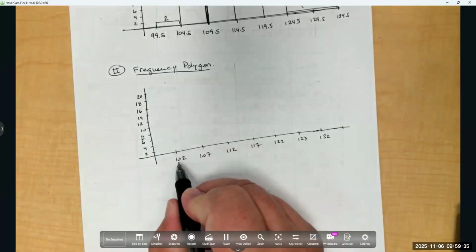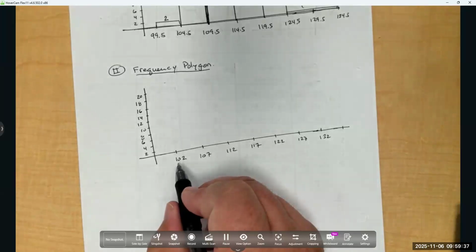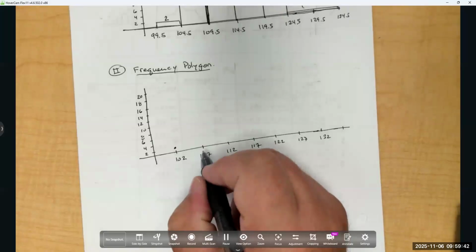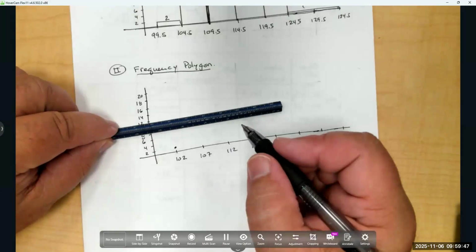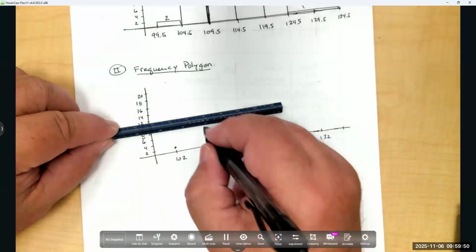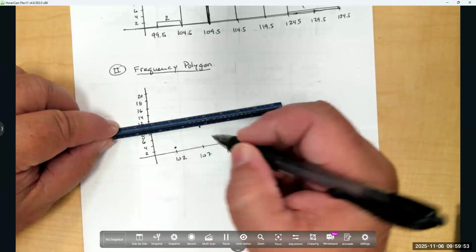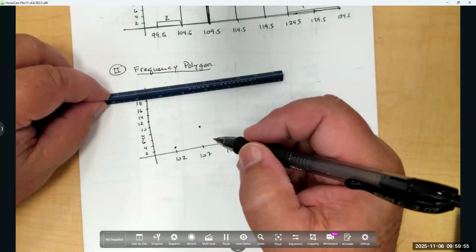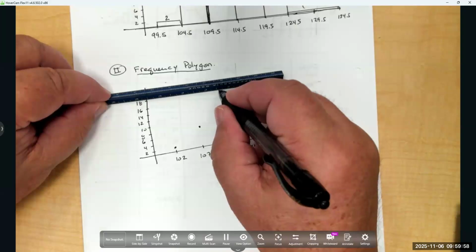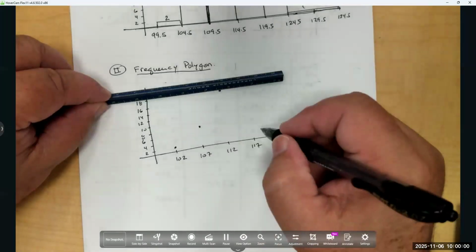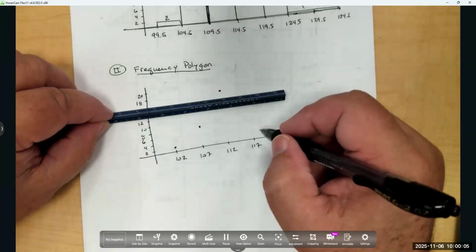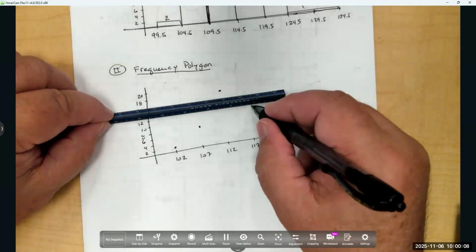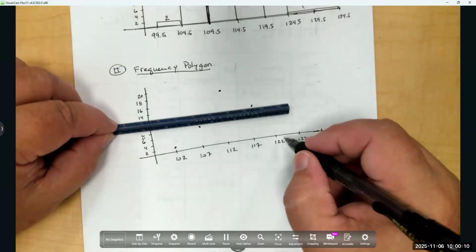So at 102, we had how many? We had 2. So put a dot there. At 107, we had 8. Put a dot there. Then we had 18 at 112. And then where's the next one? 13. Then 7.